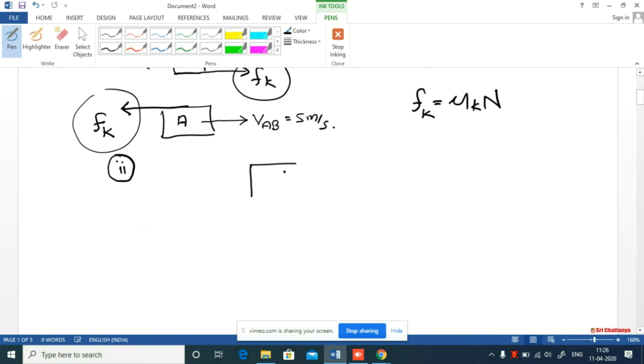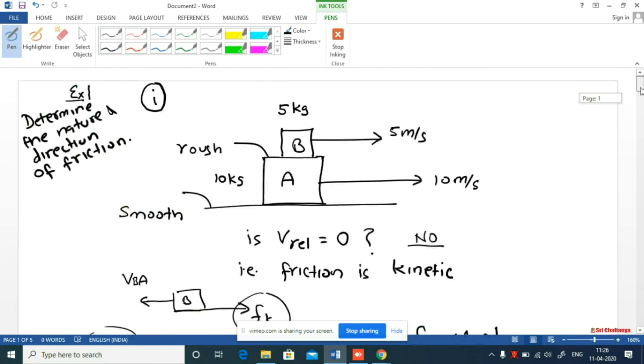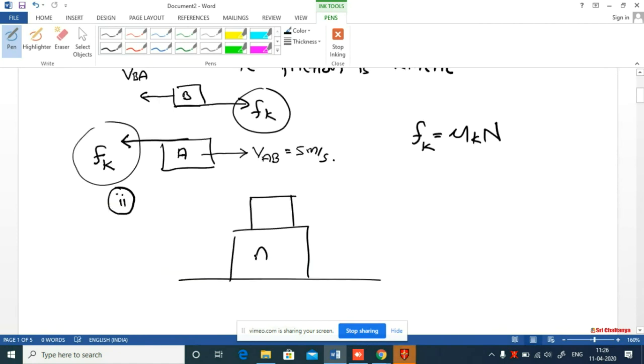So we have the same bodies A and B having the same mass. All this data we are going to keep the same. So this is A and this is B. A is 10 kg. B is 5 kg. The ground is smooth. The surface between A and B is rough.